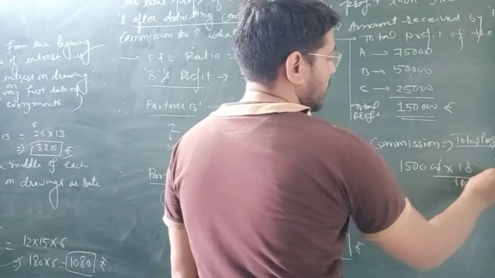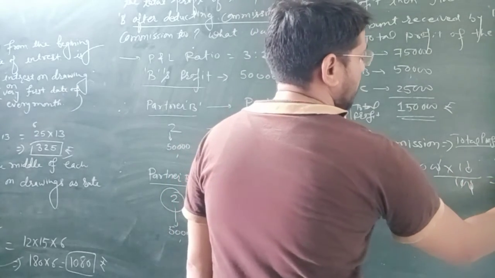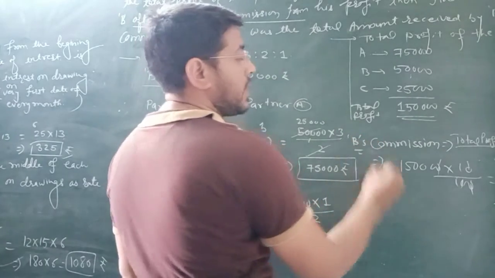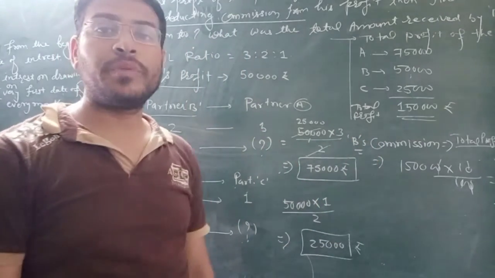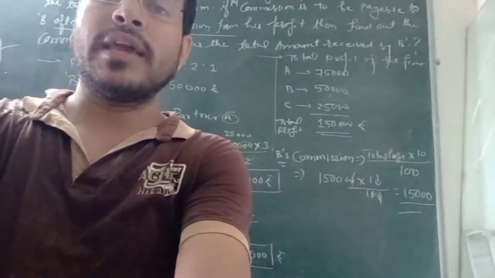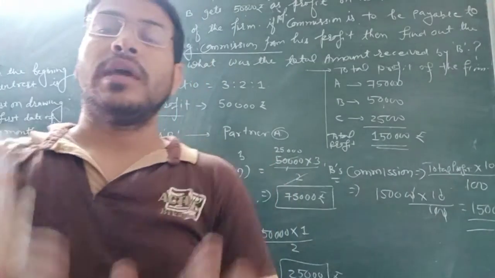So in this way, partner B will get a commission of 15,000 rupees. How much commission will he get? He will get 15,000 rupees as commission.